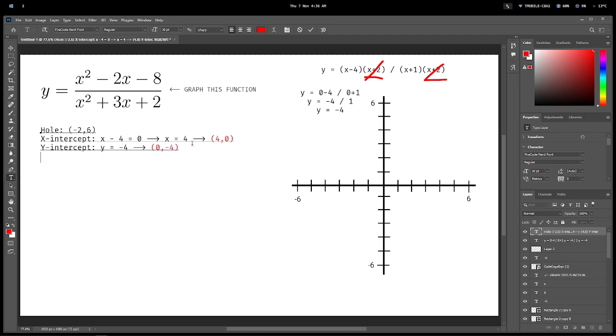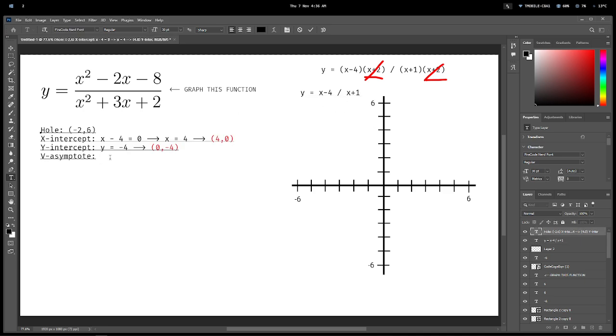All right, let's find the vertical asymptote. To find the vertical asymptote, you will set the bottom to equal 0. In this case, our bottom is x plus 1. So x plus 1 equals 0.